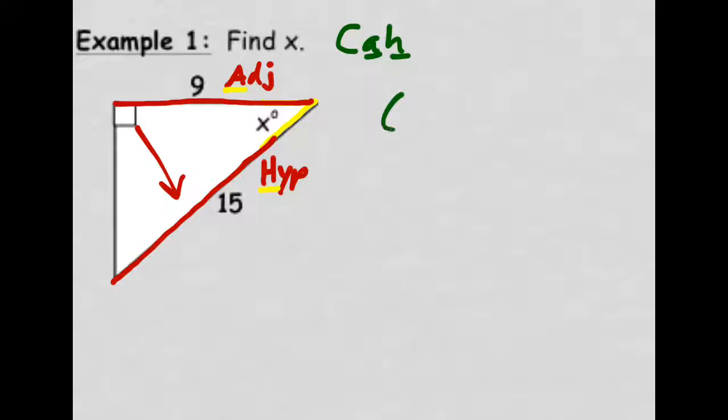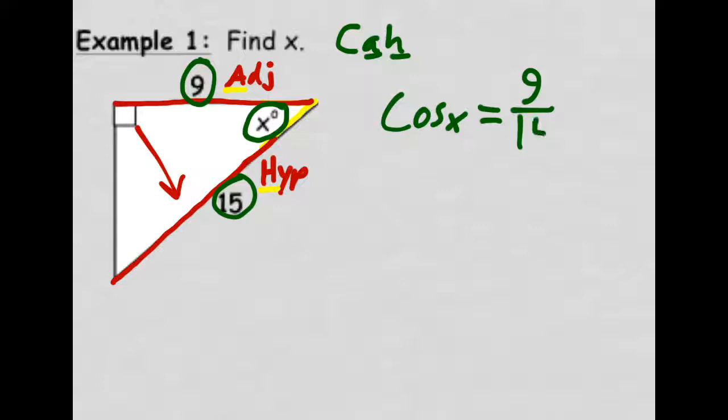And I'm going to say that cosine of x, remember here's my x right here, cosine of x equals adjacent over hypotenuse. My adjacent is 9 over my hypotenuse is 15. And then from there, remember when I'm trying to find an angle, I'm going to use inverse.